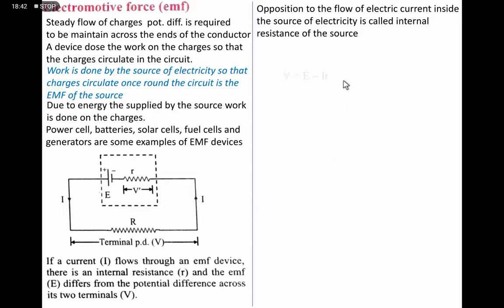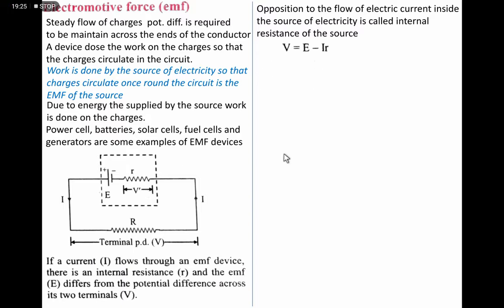So here we will determine the internal resistance, the potential difference across the conductor, and the EMF of the source. These things we can determine over here. So the potential across the external conductor is the EMF of the source minus the potential across the internal resistance, that is I into r, using Ohm's law.